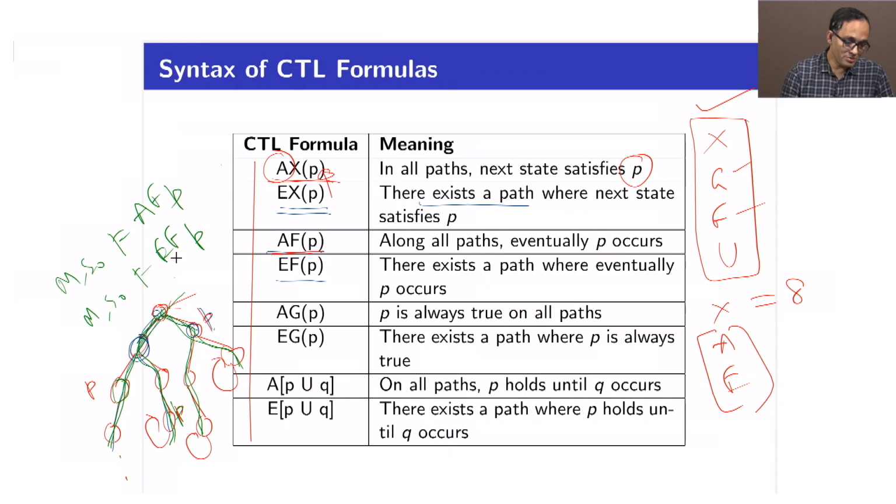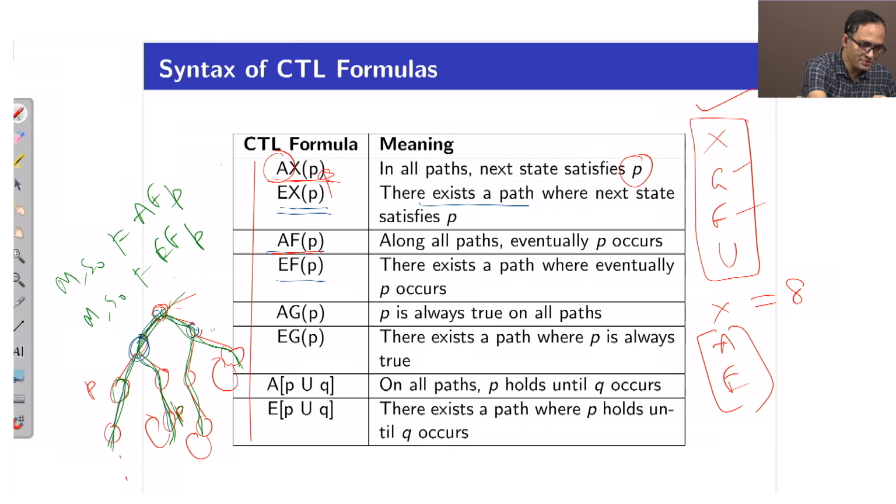But now, think about it if I remove this P. So, I have these 2 P's, P here and P here. There is one path where P holds in the future, and another path where P holds in the future, but in these 2 other paths there is no P in the future. So if I remove this P, EF P is correct, but AF P is not correct.